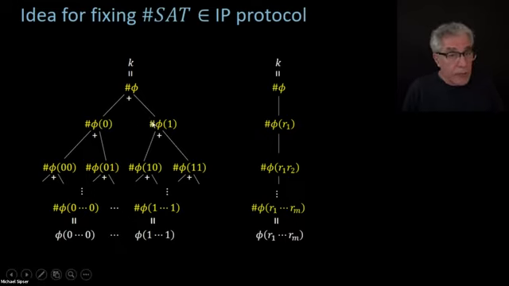But it's not going to be good enough just to pick either the 0 or the 1 at random. Because there might be just a single course of lies going through here, and the only way you would catch that would be to guess correctly at each stage which was the lie, and then you would catch it at the end. If you're just going to be randomly picking 0s and 1s, you're not going to have a high probability of catching the prover when it's lying, and so that's not going to be good enough.